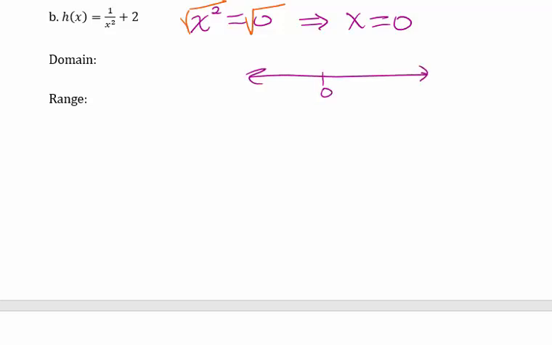If it helps, make a number line, shade every number except for 0, and then write the intervals based off of your shading. So we'll say from negative infinity to 0, and then union from 0 to infinity.